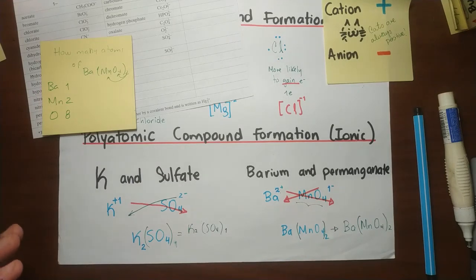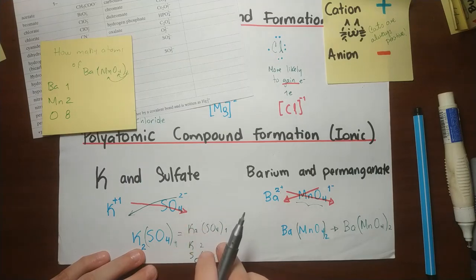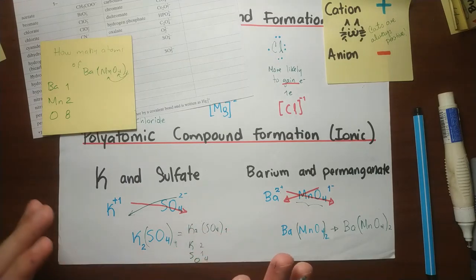And if I ask you, okay, tell me the number of atoms in this compound. For potassium, as you can see, 2. For sulfur, it's going to be 1 times 1, 1. And oxygen, 4 times 1, 4. So it's not going to affect you at all if you use parentheses here, because the charge that you crossed is just 1. So you really don't need to.